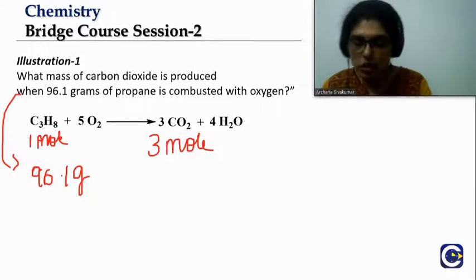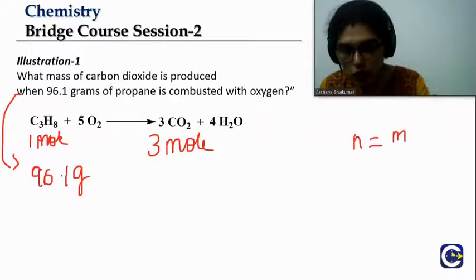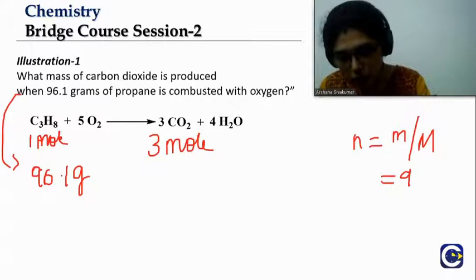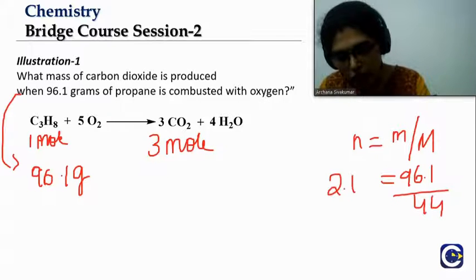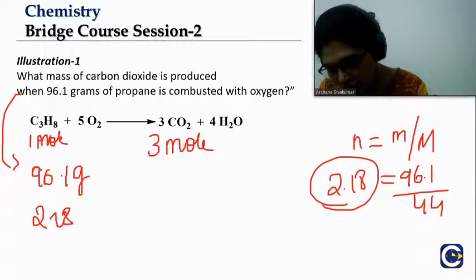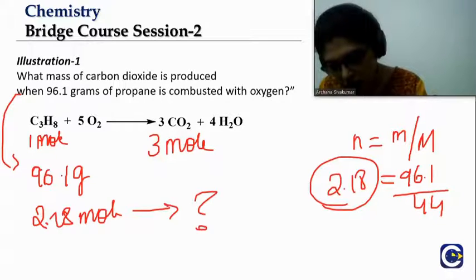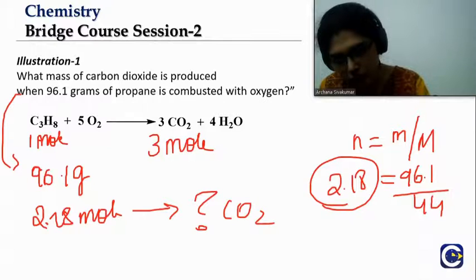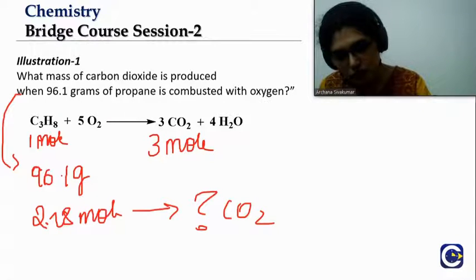We already used n equals mass over molar mass to find that in 96.1 grams, the molar mass being 44, I get 2.18 moles of propane present. So in 2.18 moles of propane, how much carbon dioxide is produced is the question. How do I do it?